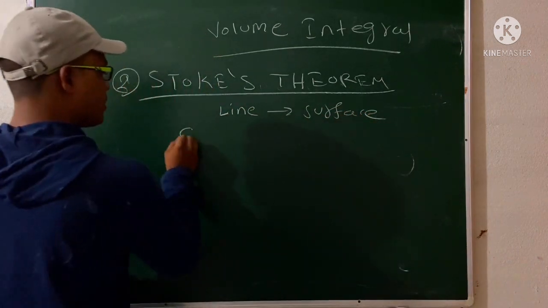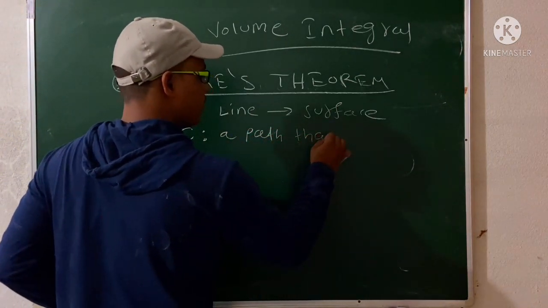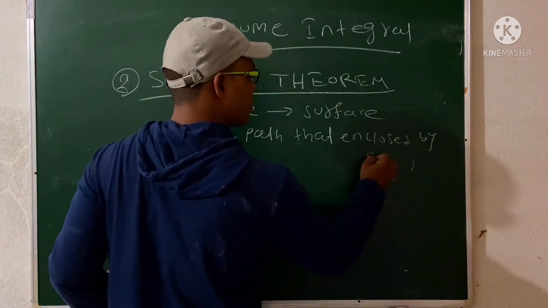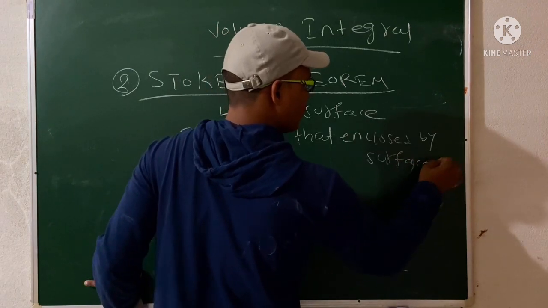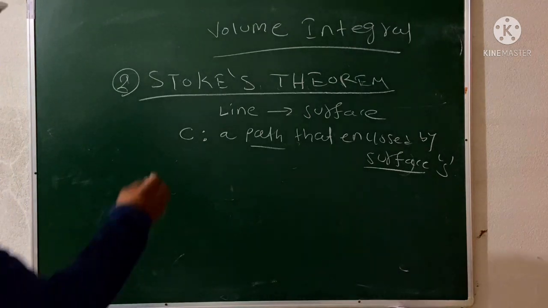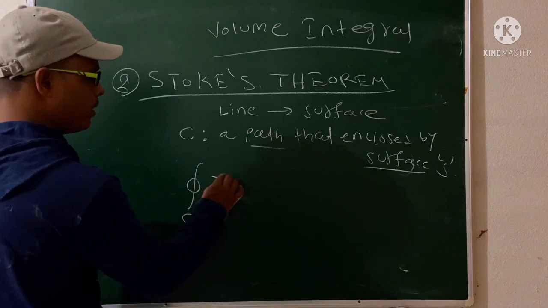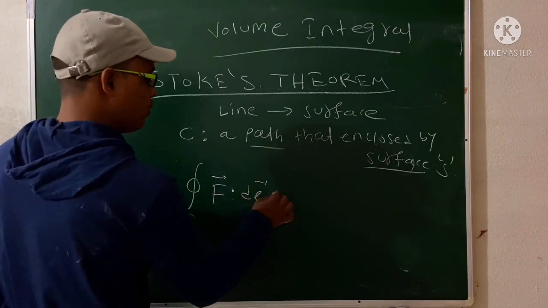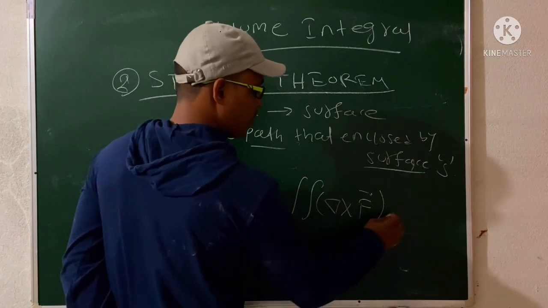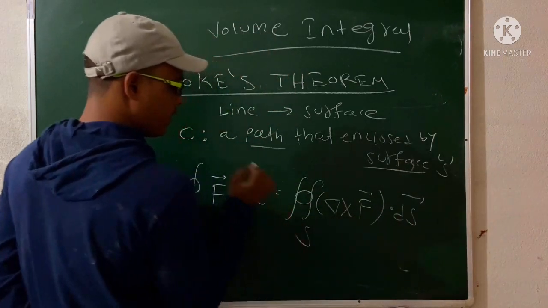Okay, so we need a path that is enclosed by surface S. We need a path and we need a surface, but the surface should enclose the path. So the line integral over C of a vector field is equal to the curl of that vector field dot dS vector, over a surface S.